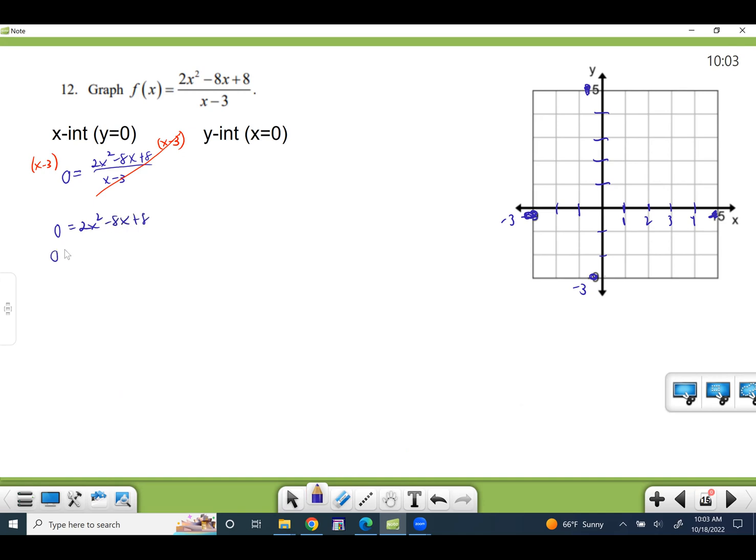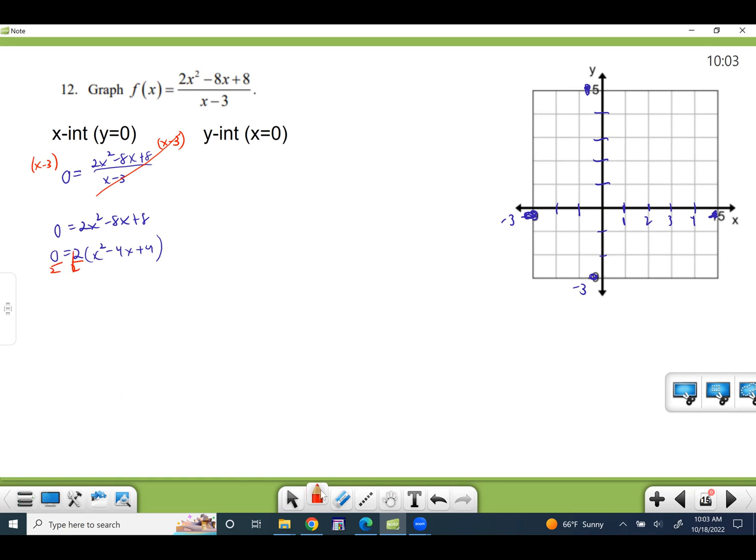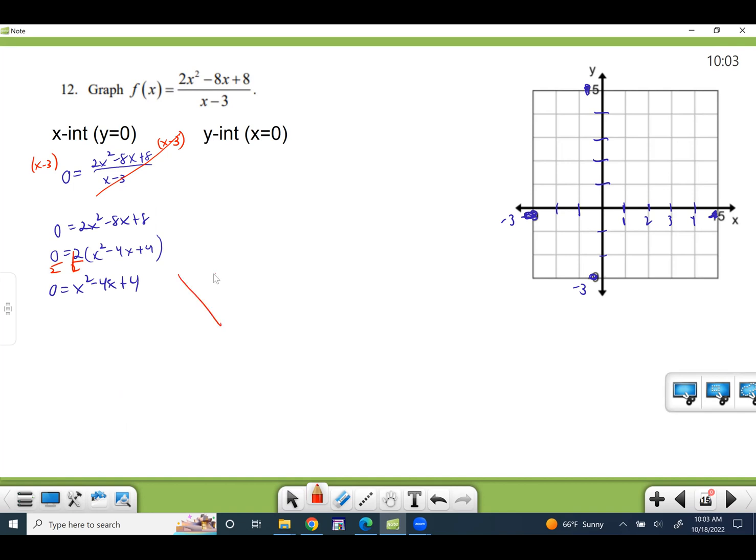I'm going to factor the 2 out or divide the 2 out, however you want to look at it. And you could just get rid of them by dividing them away, right? So he's irrelevant.